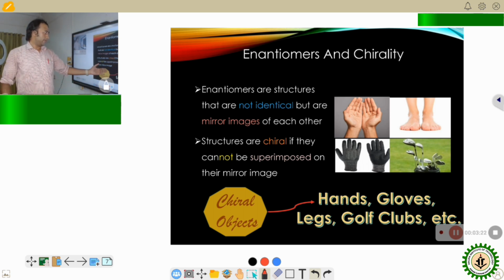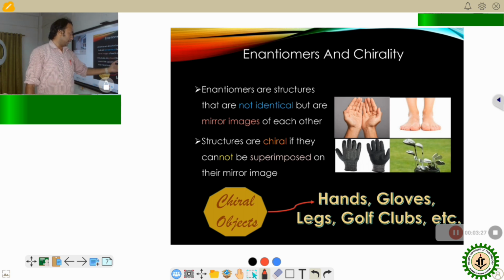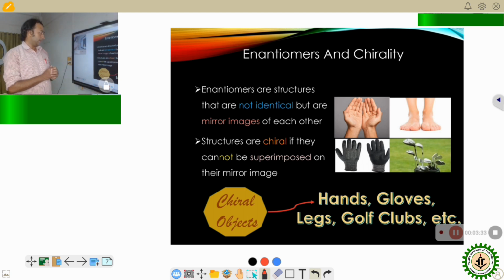For real life examples, we see a pair of hands, a pair of feet, feet and gloves, also the golf club. They are one type of stereoisomer, and they cannot be superimposed on each other. So these are our chiral objects, right?